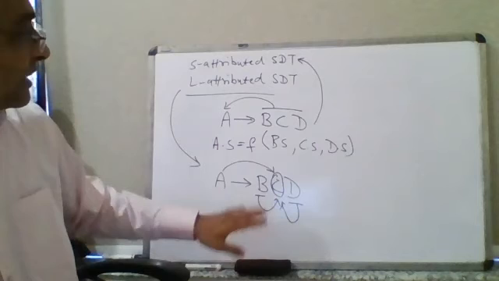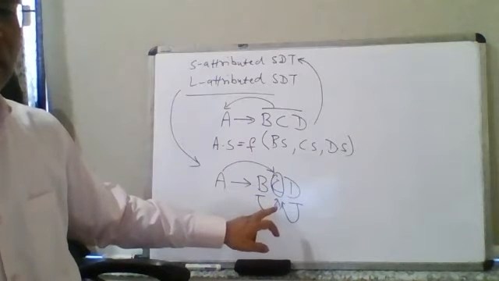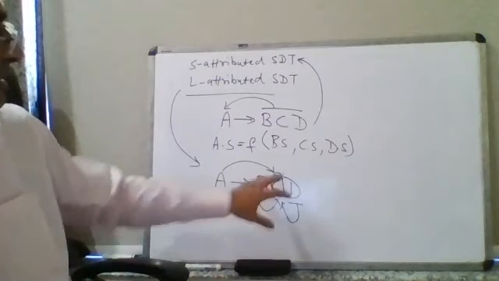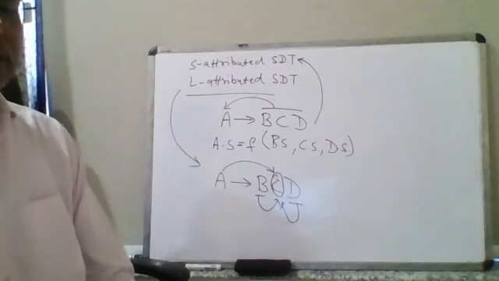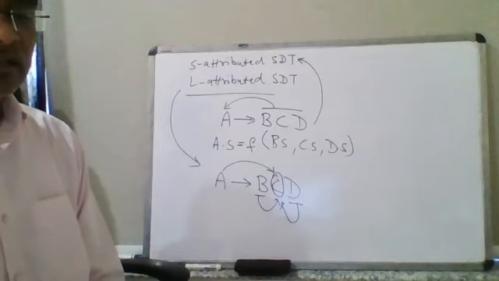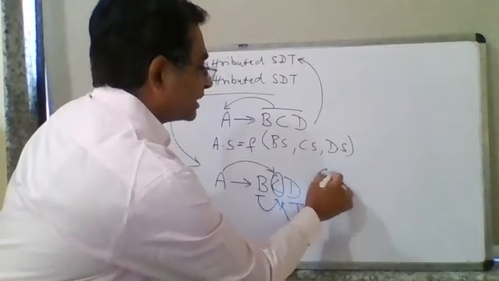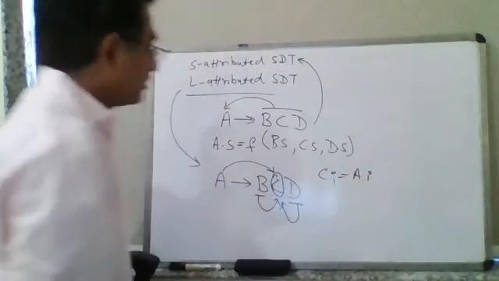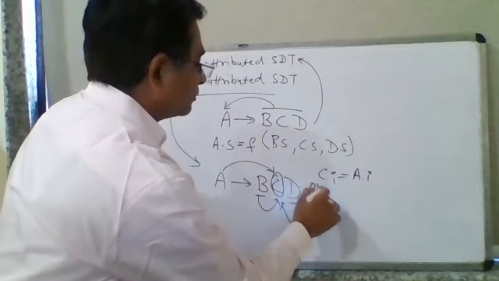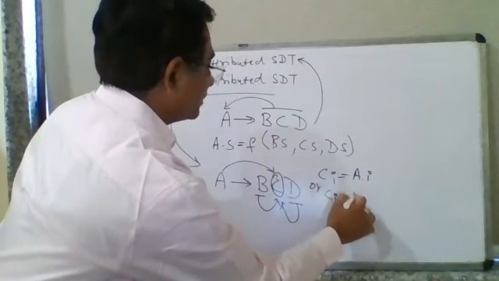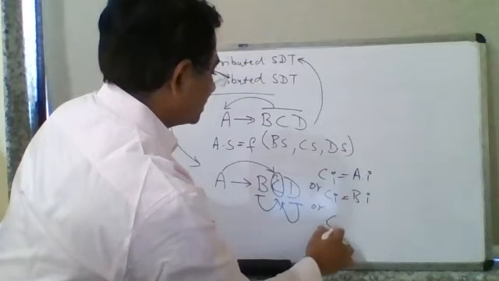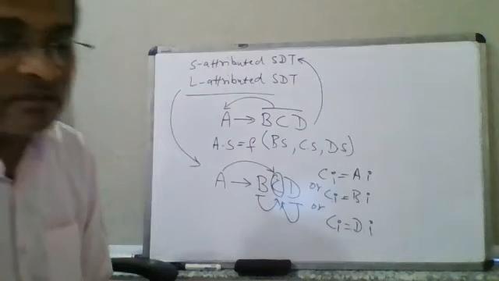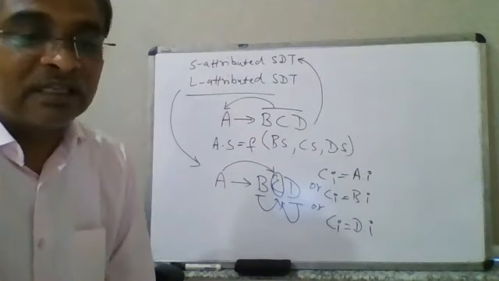Let's say C is taking its attributes from its parent or from its siblings, then such an attribute is called an inherited attribute, because it is inheriting the value from the parent or from the siblings. So the attribute C dot I is getting the value from A dot I, or from B dot I, or again from D dot I. These are the possibilities which could exist, but in all such cases we can say that this is an inherited attribute.